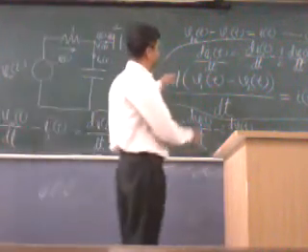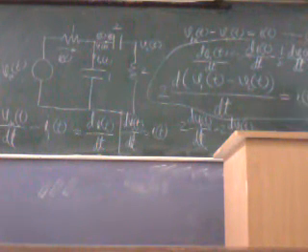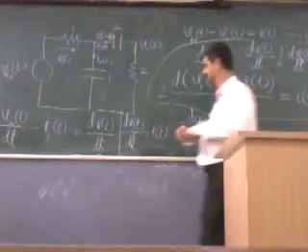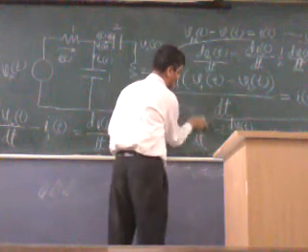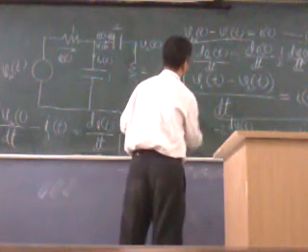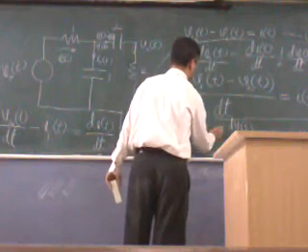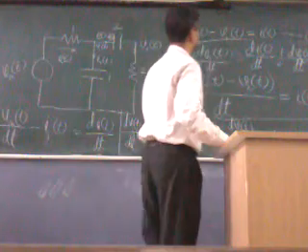So if I look at this equation and this equation, and in this equation I replace this, dV1(t) by dt is I(t). So it is 2I(t) minus 2 dV2(t) by dt is equal to this.